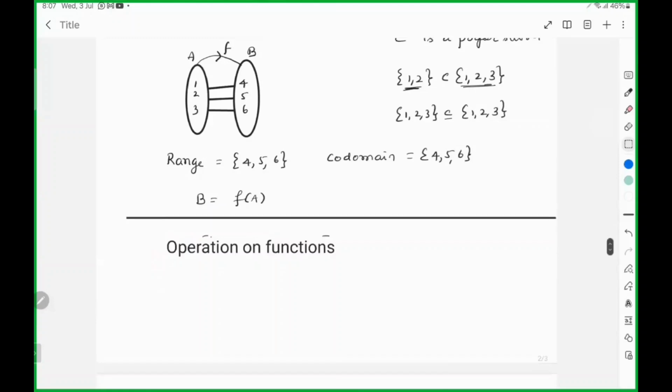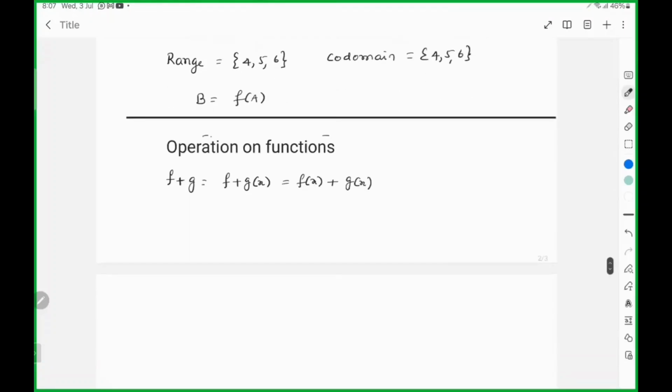Here, how addition is defined. Two functions, if we consider how to add, it is f plus g of x, which is f of x plus g of x, for all x. This symbol is for all, and this one is belongs to.